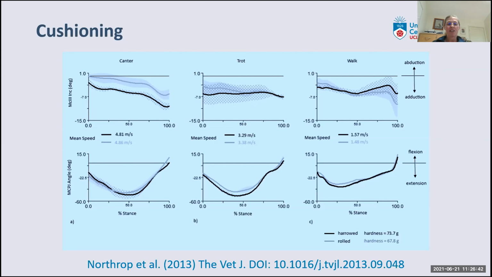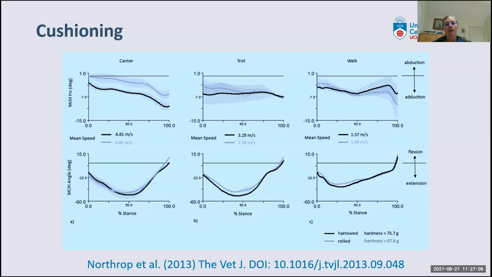This particular study looked at the same surface, whether it was harrowed or rolled. And we looked at the kinematics of the lower limb and how they changed over those two conditions. What we have here, the top row, relates to the inclination of the cannon bone, and it gives you an indication of how much the horse's limbs swung in.